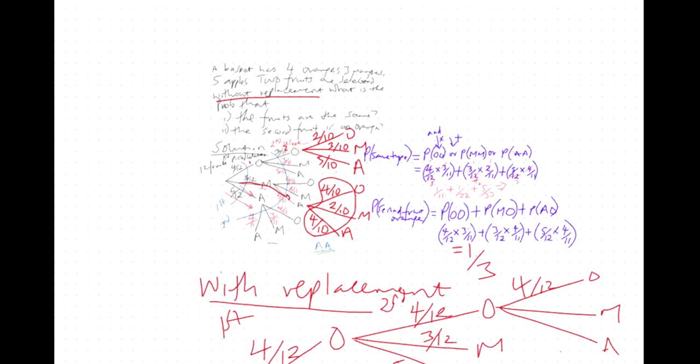Yes, because the question is asking what is the probability that the second fruit, okay, the second fruit is an orange, okay? So there is a difference if you have been asked what is the probability that one of the fruits is an orange.